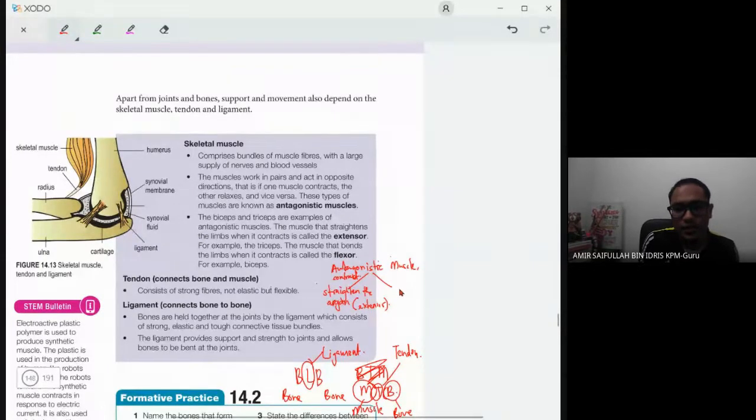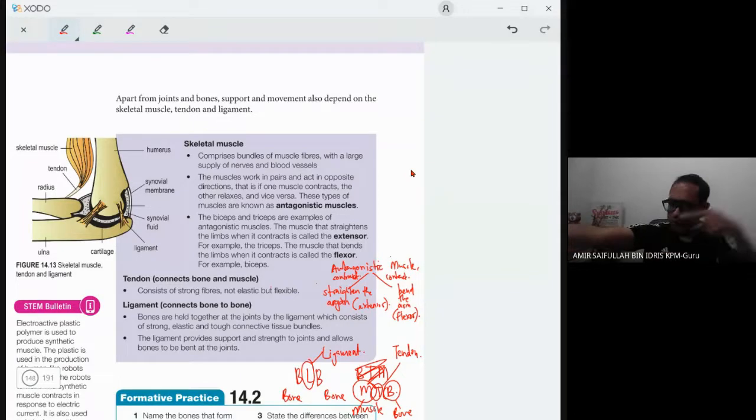When it bends the arm, when it contracts, it bends the arm. It is called flexor. Okay, clear? So for example, our muscle here, our muscle in our hand, tak kisahlah lelaki ke perempuan sama saja.